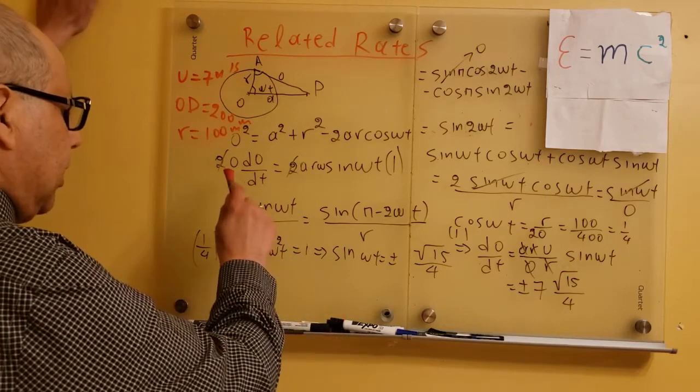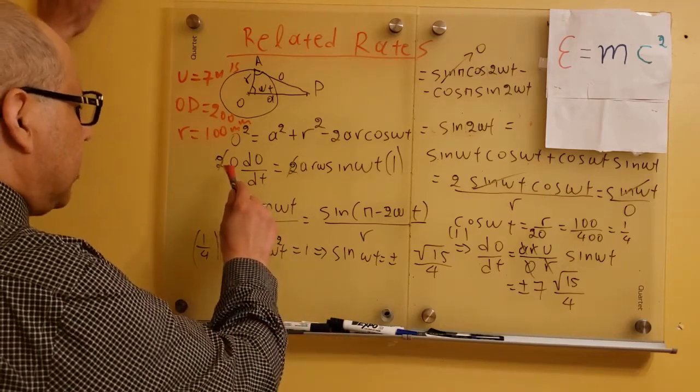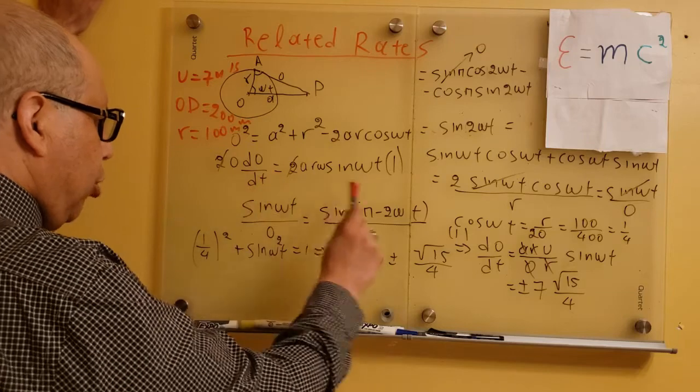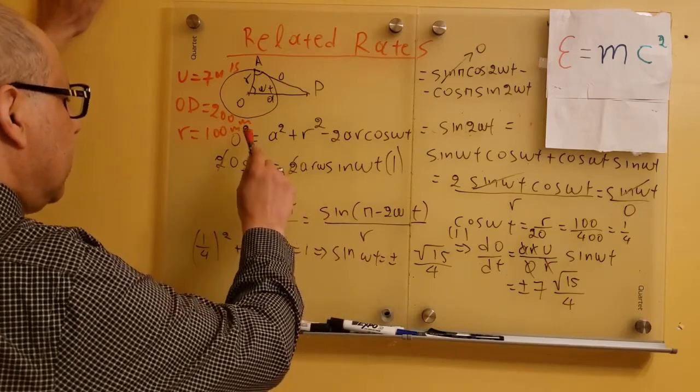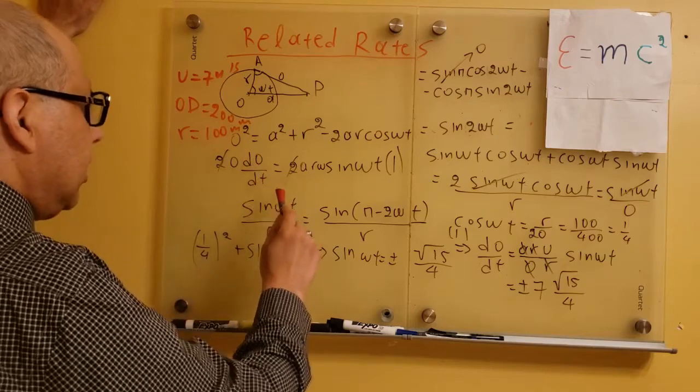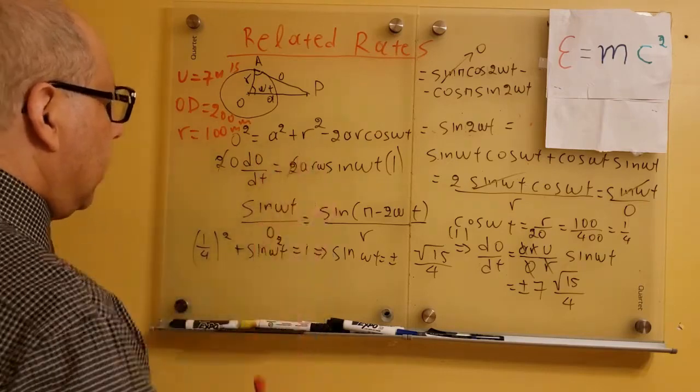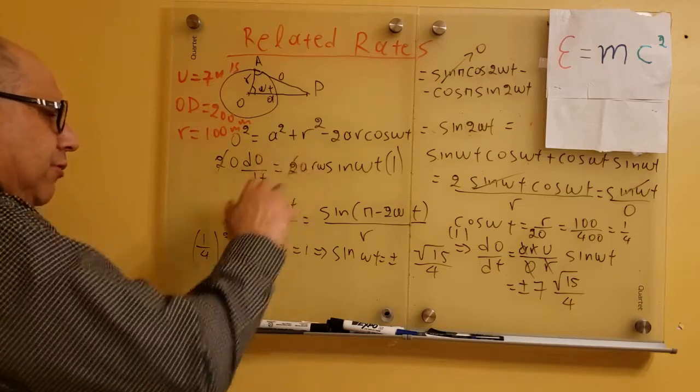Now if we take the first derivative on both sides with respect to t, we will have 2o do over dt. These two are constant, so the derivative is 0.